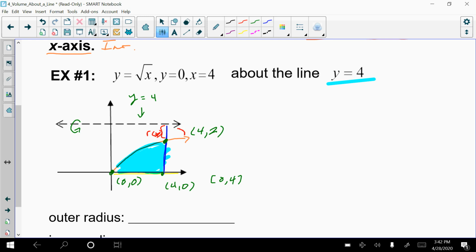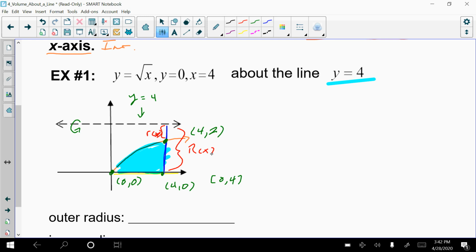Whereas this is the outer radius. We distinguish capital R for the outer radius and a lowercase r for the inner radius.